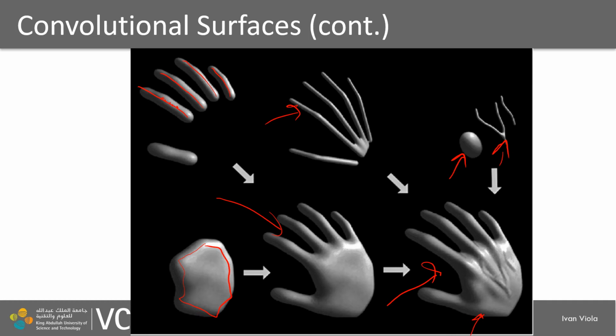In scientific visualization, sometimes these convolutional surfaces are used for representing the vascular structure. You can imagine that you have a vascular structure, maybe the aorta, then you have some peripheral arteries, and these arteries are then further bifurcating into other smaller arteries and so on, forming a vascular tree.